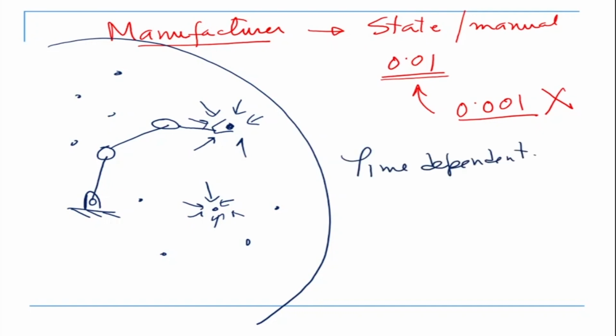Okay, and because it is time dependent, it has to be done for a very, very long time, sometimes months. Okay, so the robot will be operating for months continuously, and at every point it will be going, and the errors will be measured, and then the manufacturer will give you the 3 sigma of those errors. So this is something that takes a lot of time, and this is something that adds to the cost of the robot. That's why robots are very, very expensive.